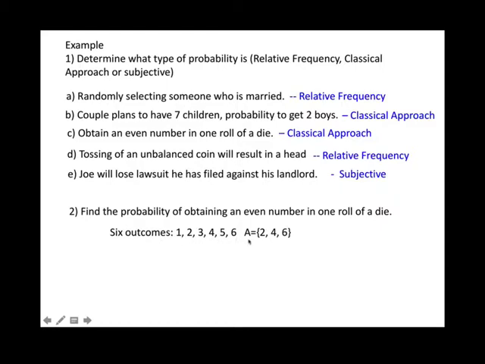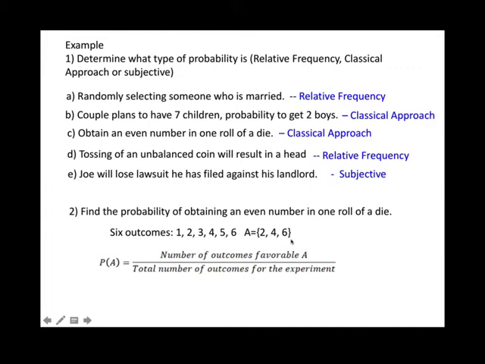I let the event A be my even number, that will be 2, 4, and 6. So we're going to use this formula. How many outcomes are favorable to A? In this total outcome, I have 2, 4, 6, which is 3. And the total number of outcomes is 6. So it's 3 over 6, simplify it, that will be 1/2.